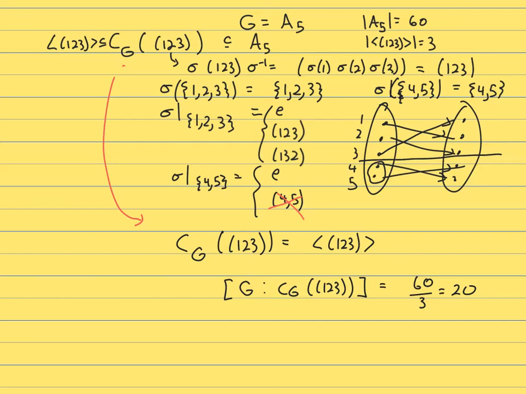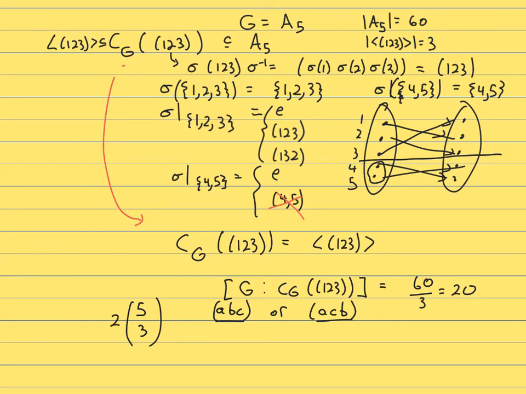All right, now how many 3 cycles are there in A5? Well, you have to choose 3 elements to be on the 3 cycle. And then once you pick the 3 elements, A, B, C, you either have (A B C), or its inverse, (A C B). These are your 2 options.